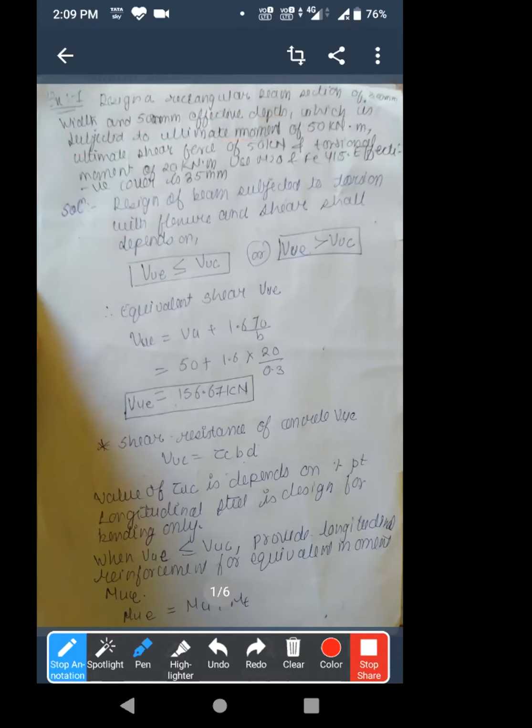Now let's move to the solution. In the solution, design of a beam subjected to torsion with flexure and shear depends upon the equivalent shear, which should be less than or equal to the shear resistance by the concrete.